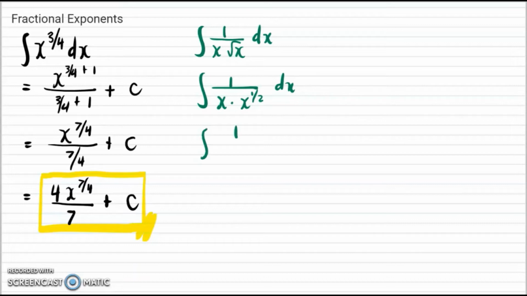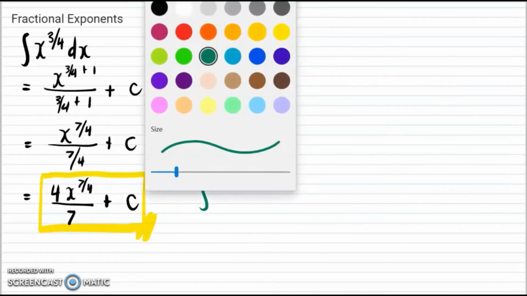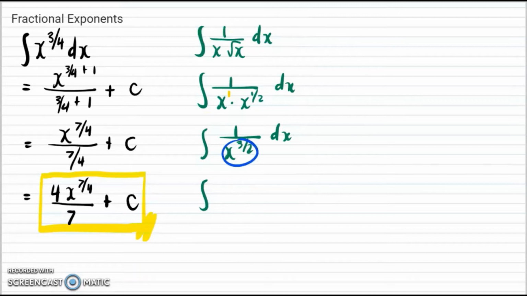Simplifying the denominator, multiplying the same base, we add the exponents. We have here an implied exponent of 1, right? So it will be x raised to 1 plus 1/2, that's 3/2, okay, dx. And then we can transfer this to the numerator, giving us x raised to negative 3/2 dx.